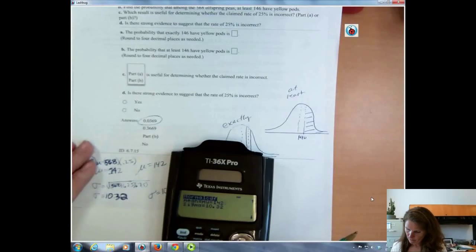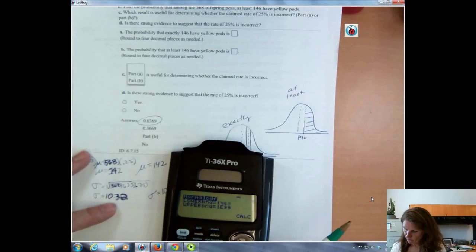That I feel good about. Maybe I should have redone this one. I made so many mistakes on it the first time through, but let's say 146 to infinity. And that's not what they get. So let's try at least 146.